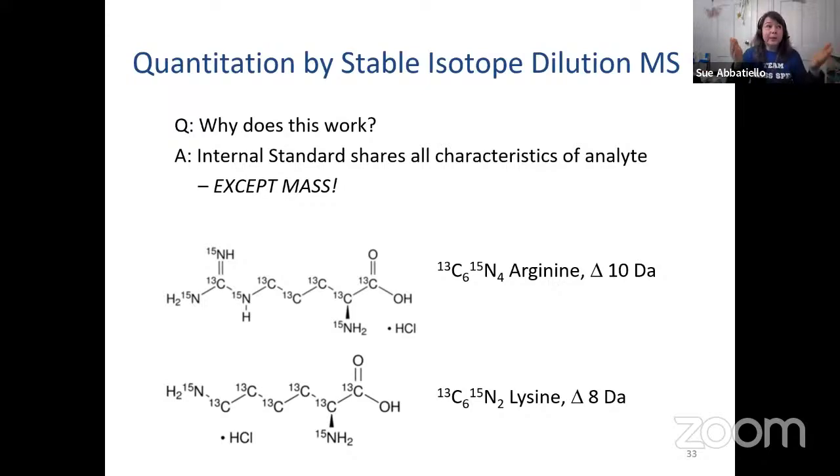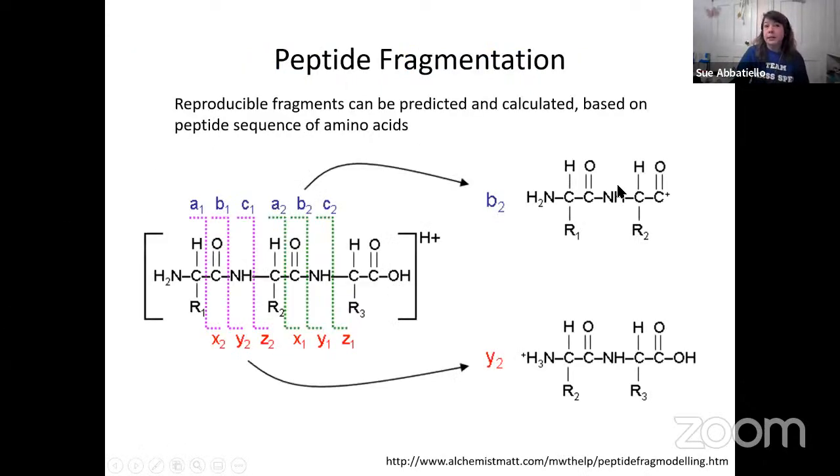Trypsin clips at lysine and arginine on the C terminus, and so the majority of the peptides in our samples digested with trypsin have lysine or arginine on the C terminus. We can label the carbons and the nitrogens in these amino acids and synthesize peptides for the peptides we want to target, and then spike them in known quantities. And so this kind of came together in the mid 2000s and made it really cool because it just worked.